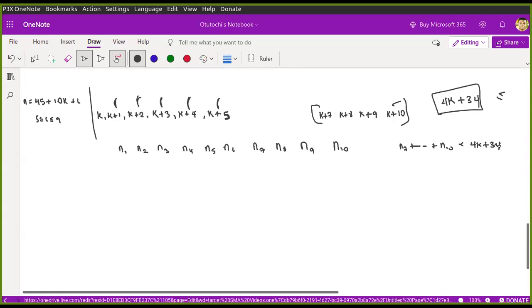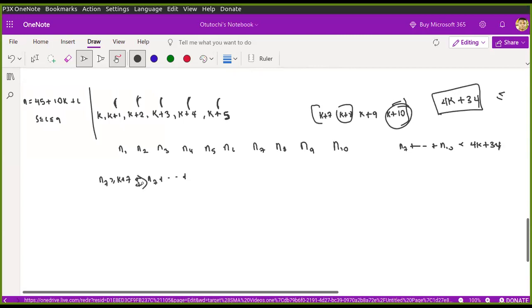Of course, if N7 is greater than or equal to K plus 7, then, because of the offsets, we have that N8 is greater than or equal to K plus 8, N9 is greater than or equal to K plus 9, N10 is greater than or equal to K plus 10, which means that this sum will be greater than or equal to this, right?